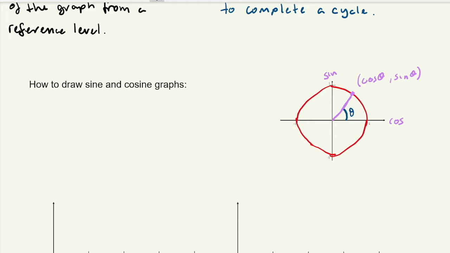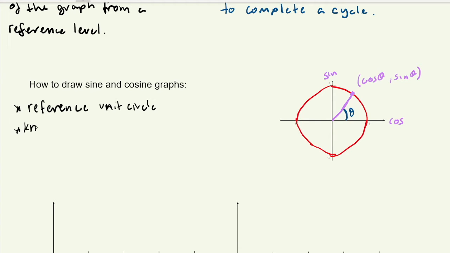Now, this is going to be coming from all sorts of sizes of graphs. Some things to think about to draw sine and cosine graphs. You do need to reference your unit circle, because it does come back to the unit circle quite often, and it will give you a bit of a hand.